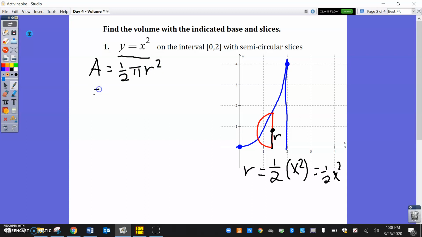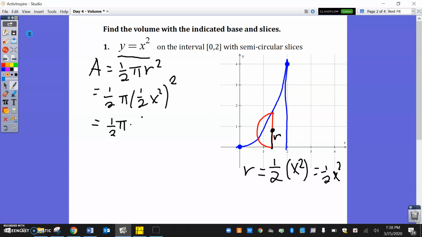I'm going to plug in the radius, which is just half of the given equation. So for the semicircle, it's 1/2 x squared, squared. The radius on the semicircle problems is always going to be half of the equation. And then we're going to simplify just like we did in all the other ones.